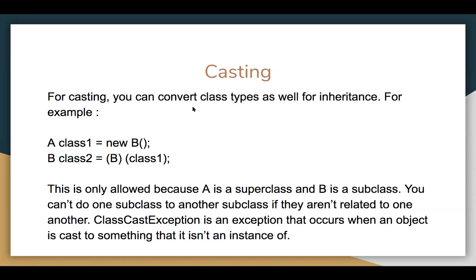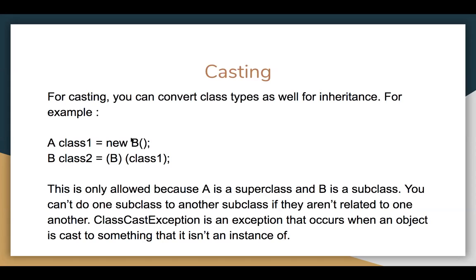Casting. For casting, you can convert class types as well for inheritance. For example, if you remember, to create an object of a class, we write the class name, a variable name, equals new, and then the class name.